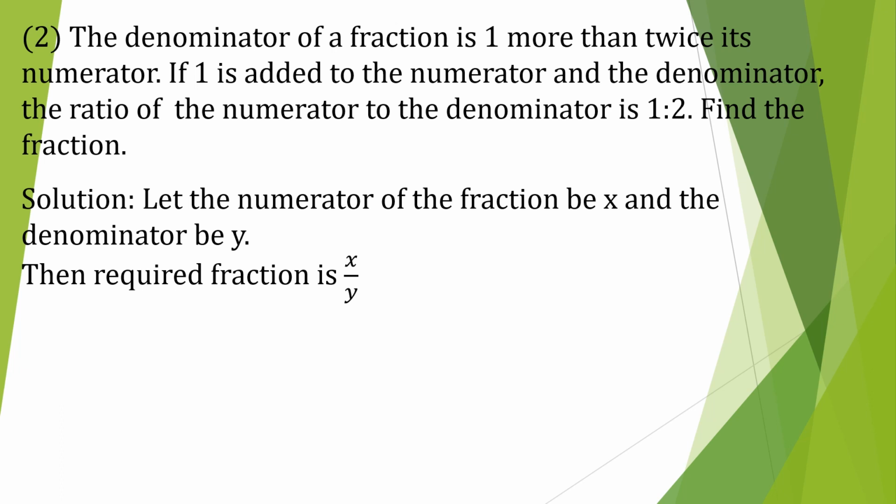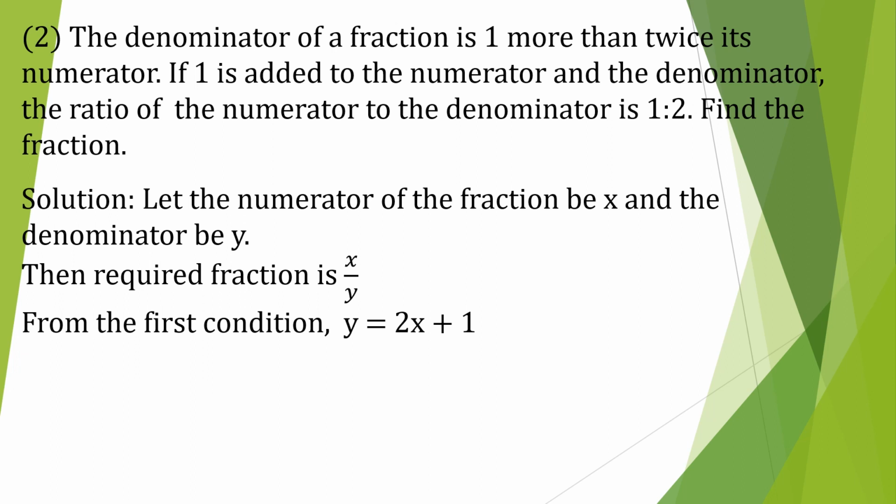Now the given condition is from the first condition, the denominator of a fraction. So the denominator is assigned the variable y. From the first condition you'll have y equal to 2x plus 1, because it is said the denominator of a fraction is 1 more than twice its numerator. Twice its numerator means 2x and it is 1 more, so plus 1. So y equal to 2x plus 1 is your first condition.